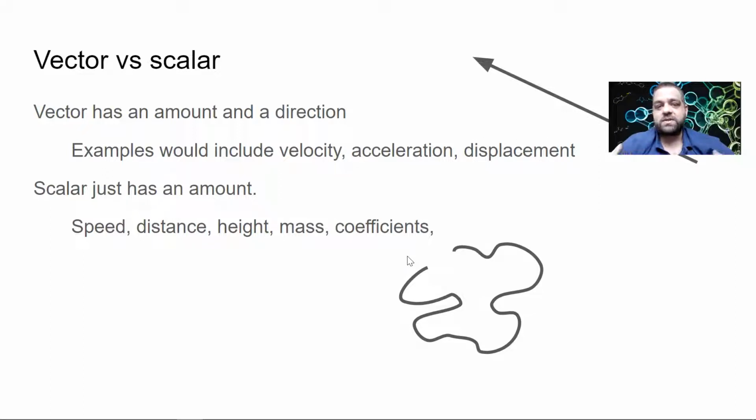All I really want you to understand at this point in time is that vectors have a direction. It's often something as simple as forwards and backwards or up and down. Doesn't necessarily have to be on the compass, but it can be that as well. And scalars are just an amount that is bigger or smaller, faster, slower, right? That's all that is. So if you think vector, think arrow.